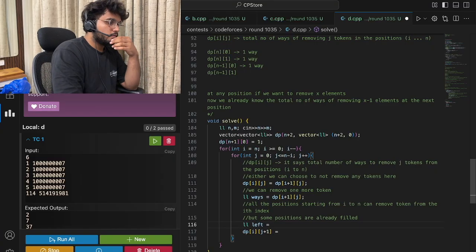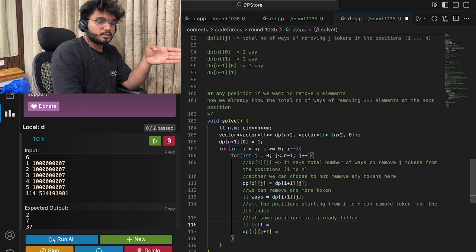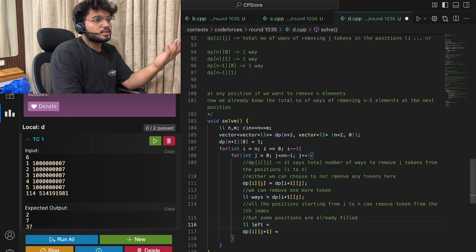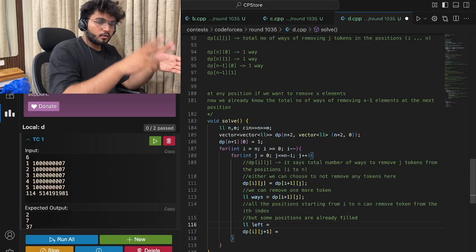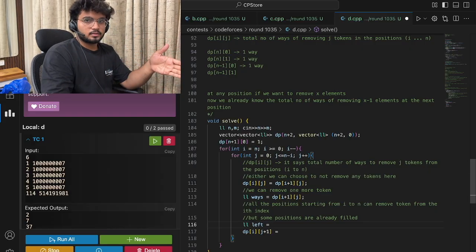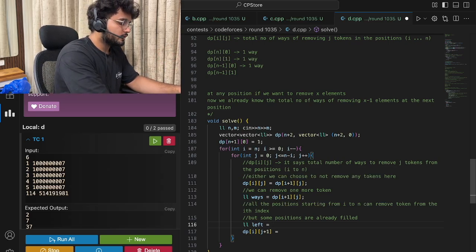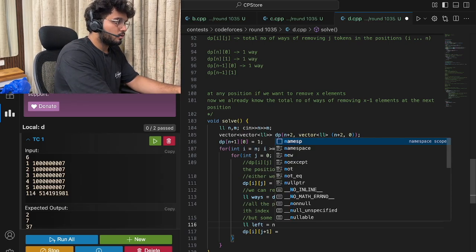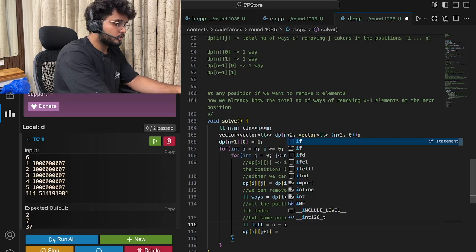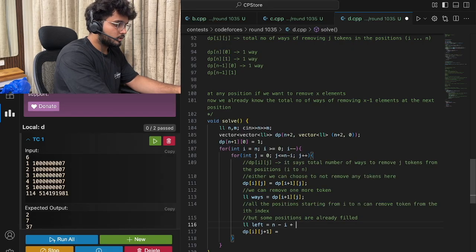Let's say we are at fifth position and there are total 7 positions and one element is already removed, right? So how many positions are left? The current position and one of the next 2 positions, right? So it is n minus current position plus 1 minus j, right?